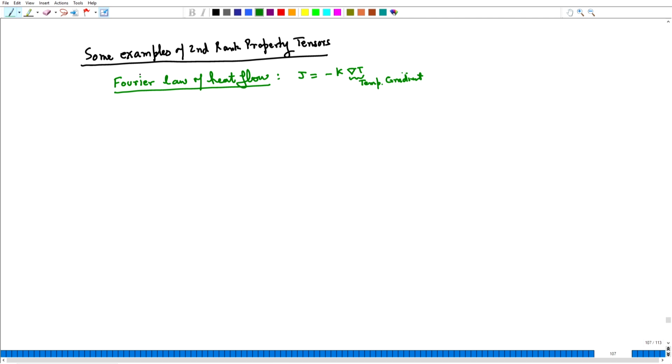So, this is like the cause vector or the force vector, and this is the heat flux, and therefore, this is the effect vector, and K is the thermal conductivity tensor, whose rank is 2.